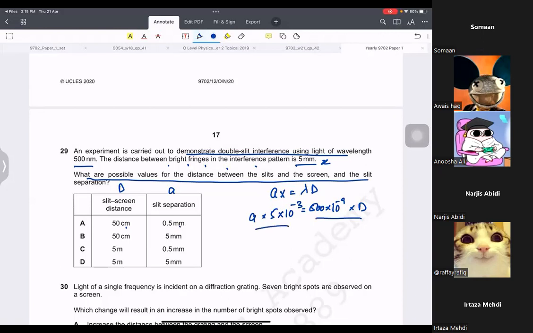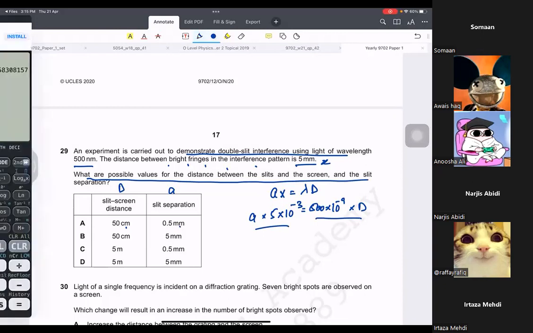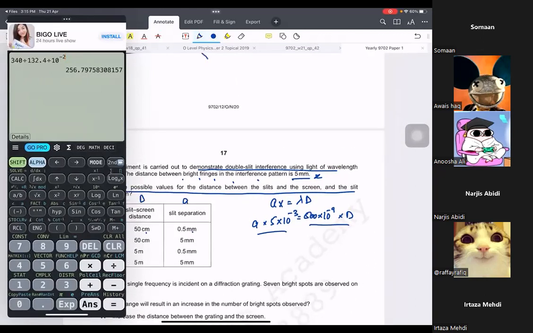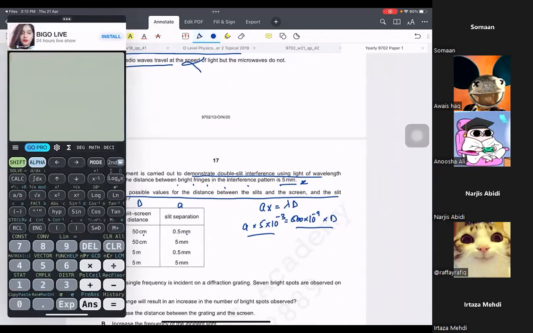So if I say for the first one, you multiply 0.5 times 10 raised to power minus 3 with 5 into 10 raised to power minus 3.